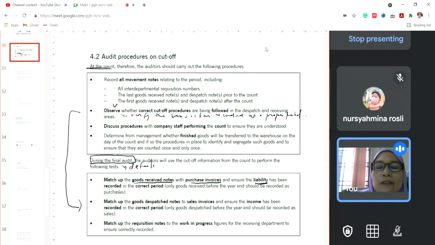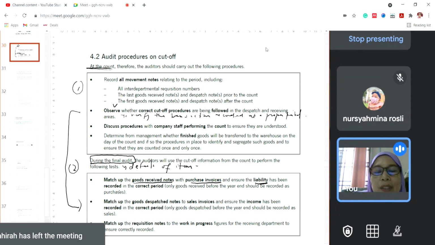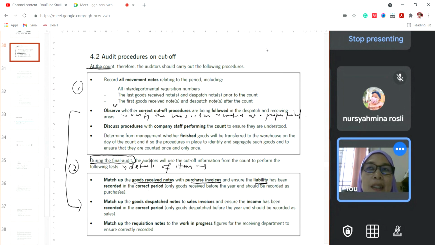So this is the difference between procedure 1 and procedure 2. Procedure 2 normally goes to the details of items. That is why, during the final audit, the cut-off procedures determine the completeness of the transactions. Match up the goods dispatch note to the sales invoice and ensure the income or revenue has been recorded in the correct period.